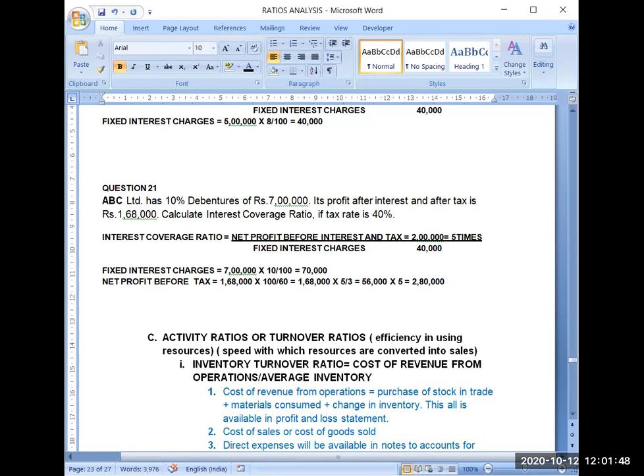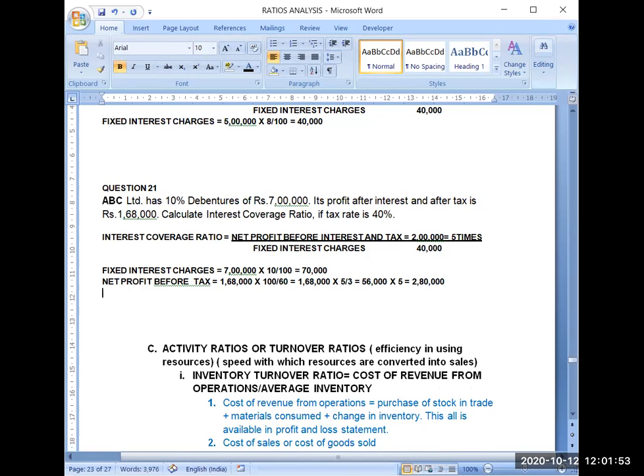Now further, I have to add interest in this to get net profit before interest and tax. Because I have calculated the interest amount in absolute terms, 2,80,000 plus 70,000 will become 3,50,000.